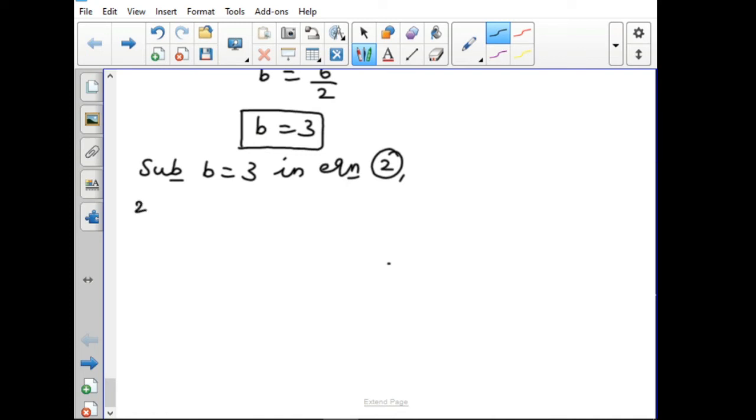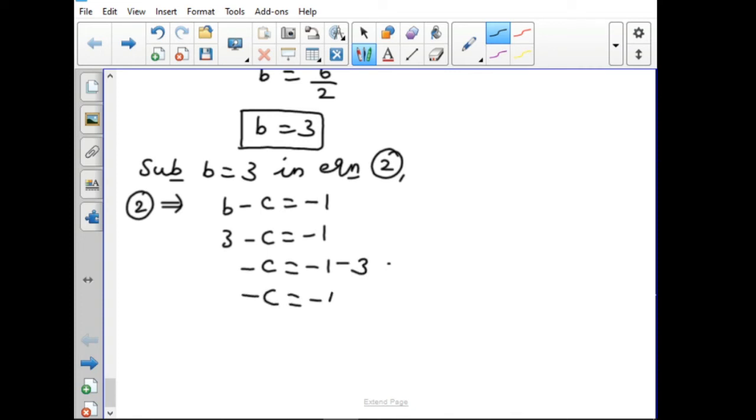What is our equation 2? Equation 2 is b minus c equal to minus 1. Substitute 3 for b: 3 minus c equal to minus 1. Minus c equal to minus 1, 3 has to be brought to this side, means minus 3. Minus c equal to minus 4. So c equal to 4.